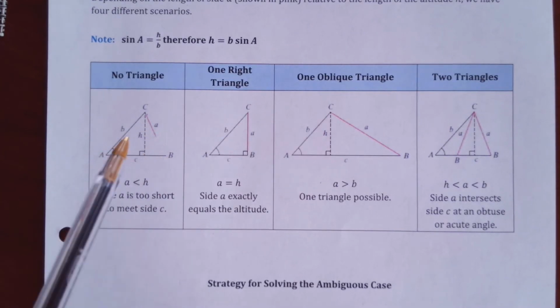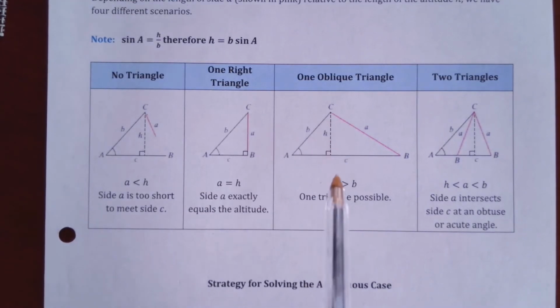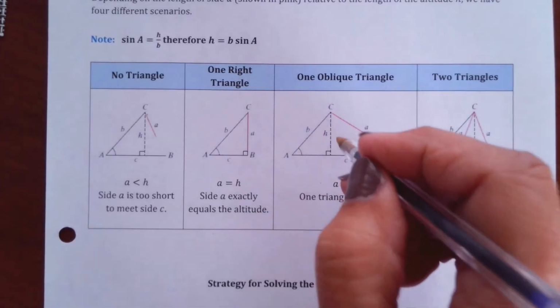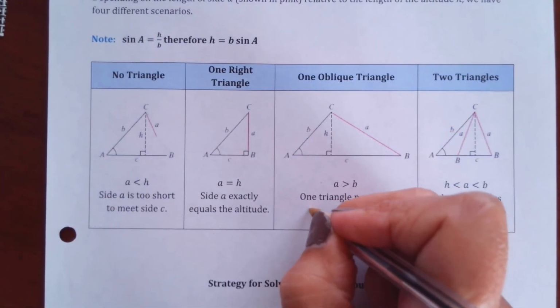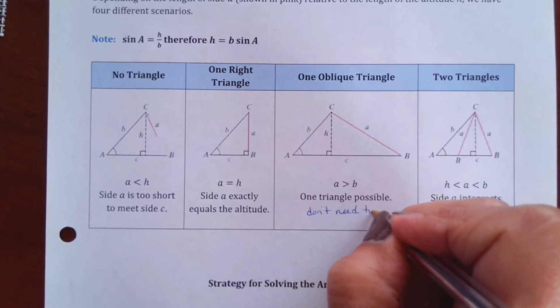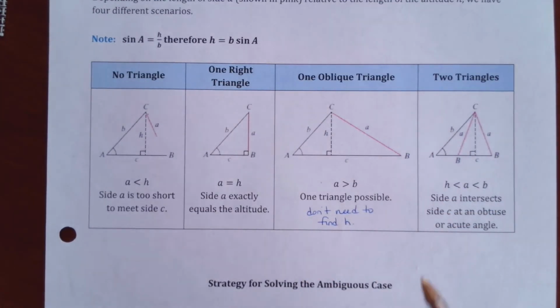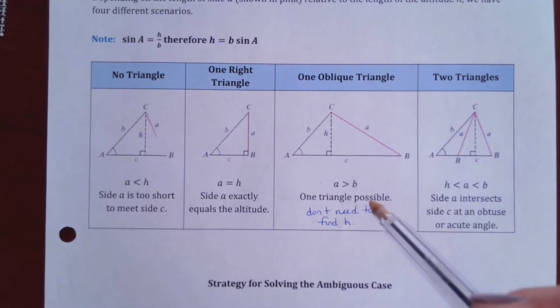Always when you do these, except for this case, you really don't need to find h in this case. So even though it's in the picture, I'm going to write here, we don't need to find h on this scenario. So what is this scenario? Let's start with this one.